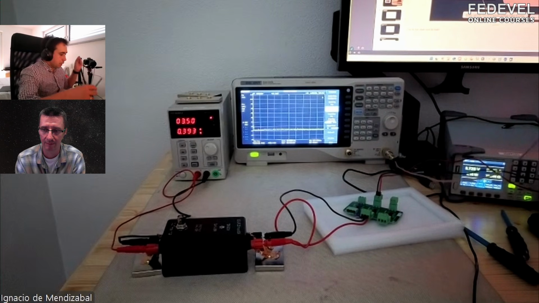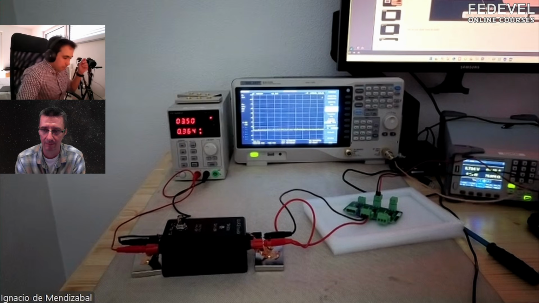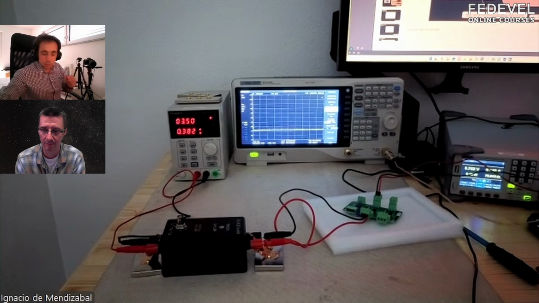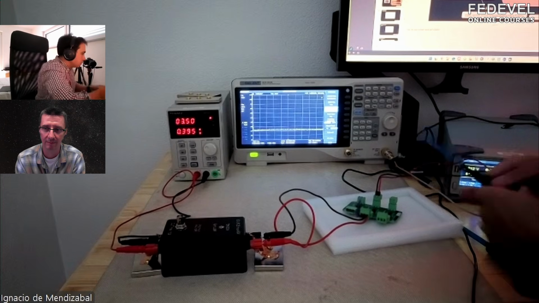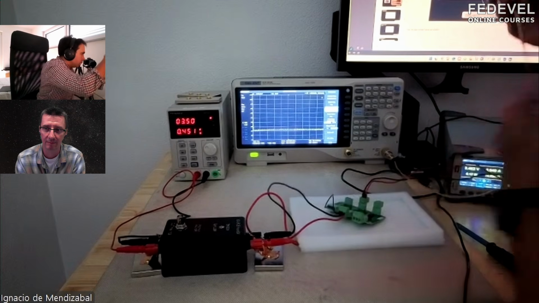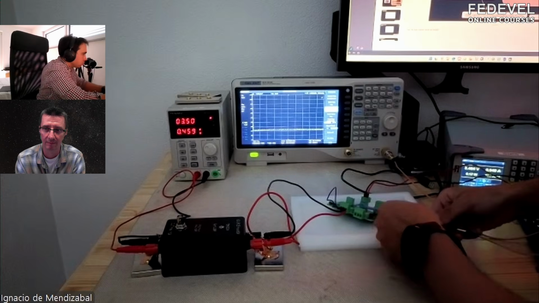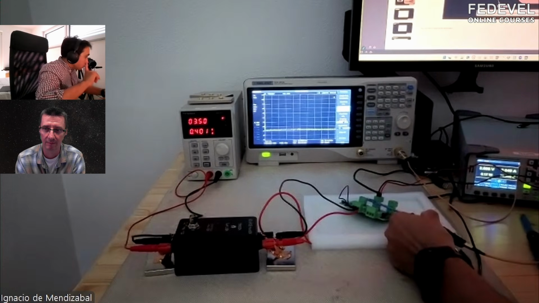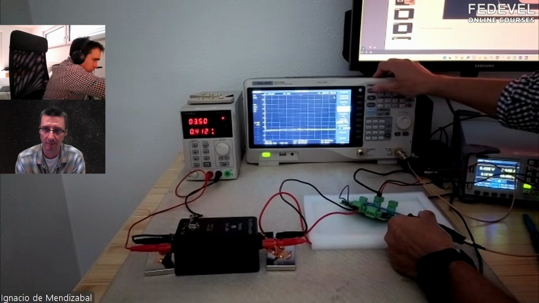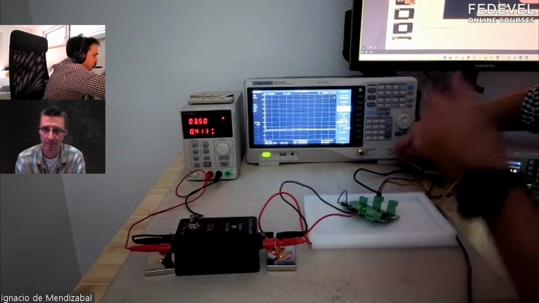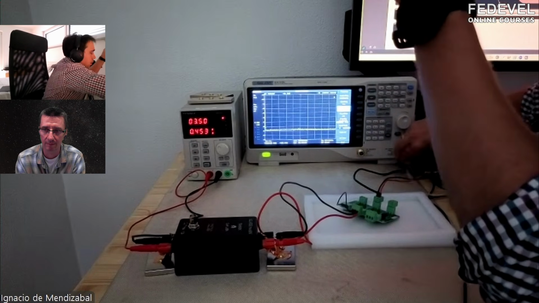So let's see what we see when we use different sizes of probes. For example, if we start with a very big one, we have everything connected here.